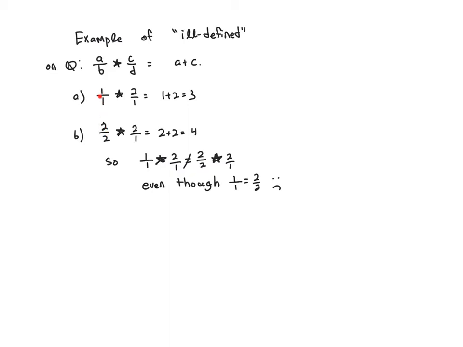But 1 over 1 is equal to 2 over 2, they're equivalent fractions. So I claim that I tried to define an operator on pairs of fractions, but it's actually not well defined because it doesn't depend just on the fraction, but on how I chose to represent the fraction.